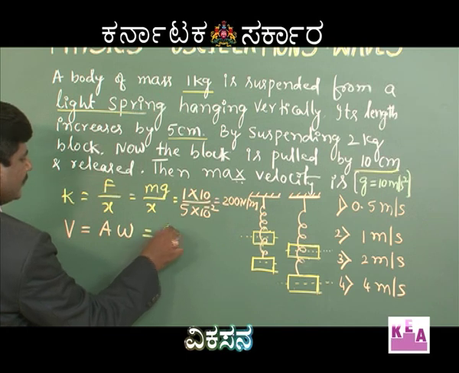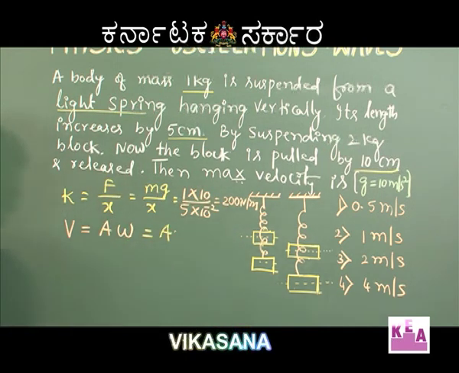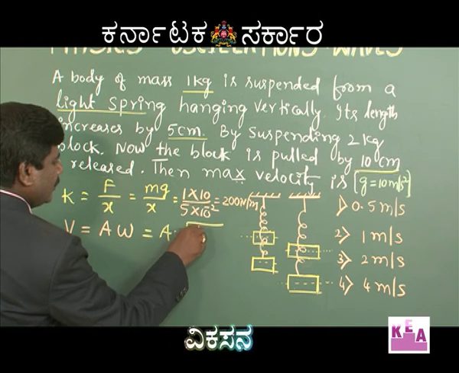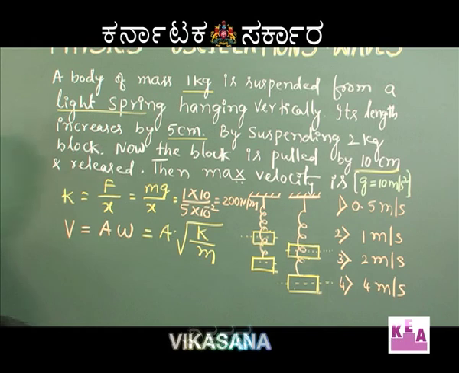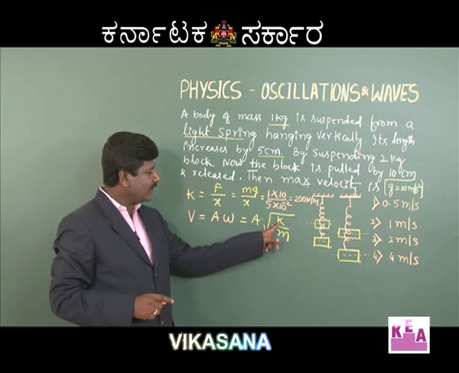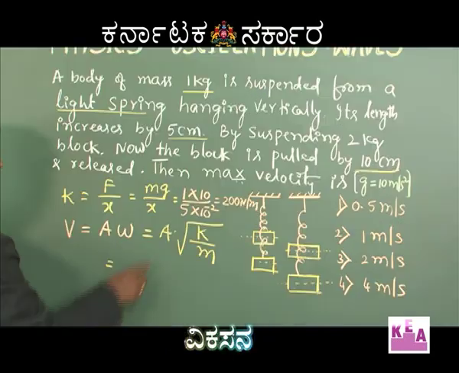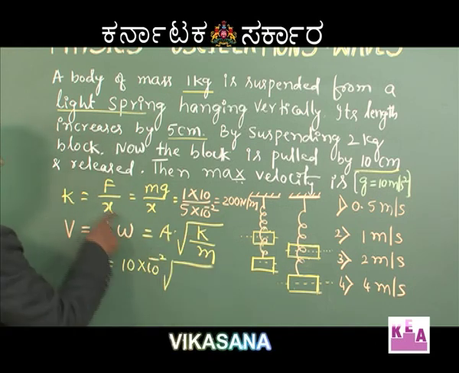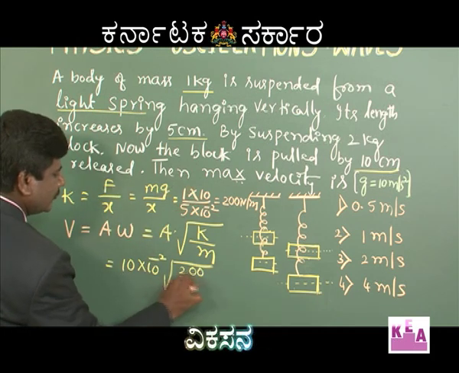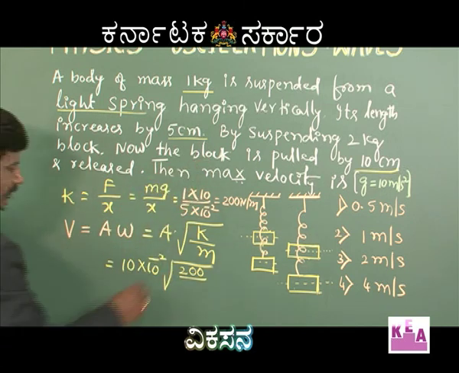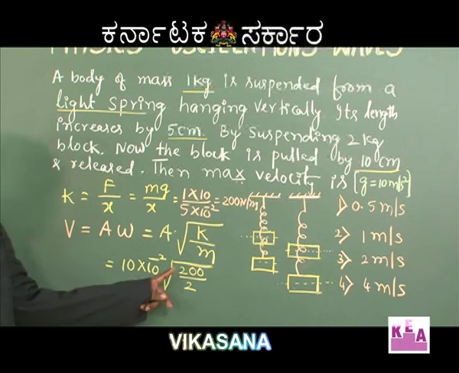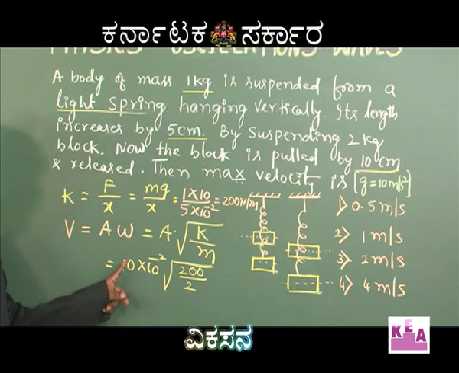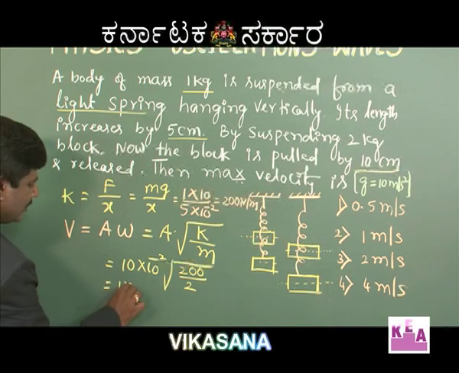So let A stay as it is. Omega can be written in terms of the force constant. Therefore omega squared is equal to k divided by m. So angular velocity is given by root of k divided by m. Let us substitute this. So A is 10 centimeter, 10 into 10 to the power of minus 2, into root of k. We have calculated the force constant k, that is 200 Newton per meter. In the second case the mass is given, that is equal to 2 kg. Now divide. 200 divided by 2 becomes 100, root of 100 becomes 10. So 10 into 10 is 100, 100 into 10 to the power of minus 2, that becomes 1 meter per second.